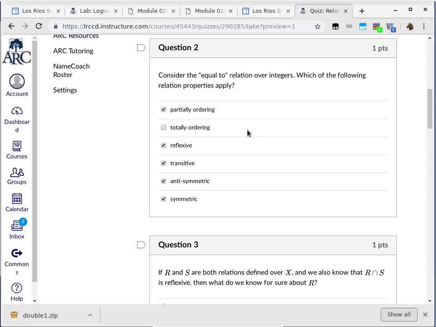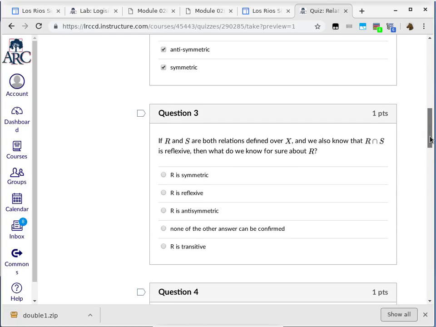But that is not true for equality. If I pick 2 and 6, 2 does not equal 6, 6 does not equal 2, oops, it's not totally ordered. Is that okay? All right.